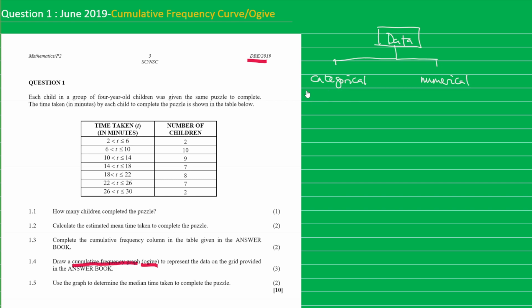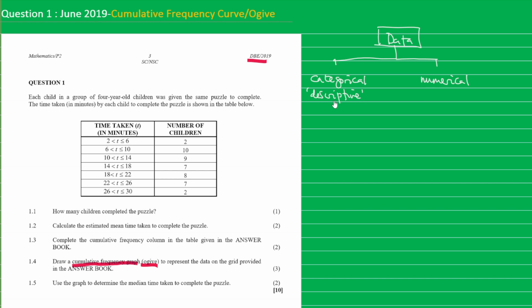Categorical data is mostly descriptive. It means the data tends to describe. For example, if I ask a group of people, what's your favorite color? They can give me different colors: yellow, pink, green. What's your favorite car? Are you male or female? Do you like this?